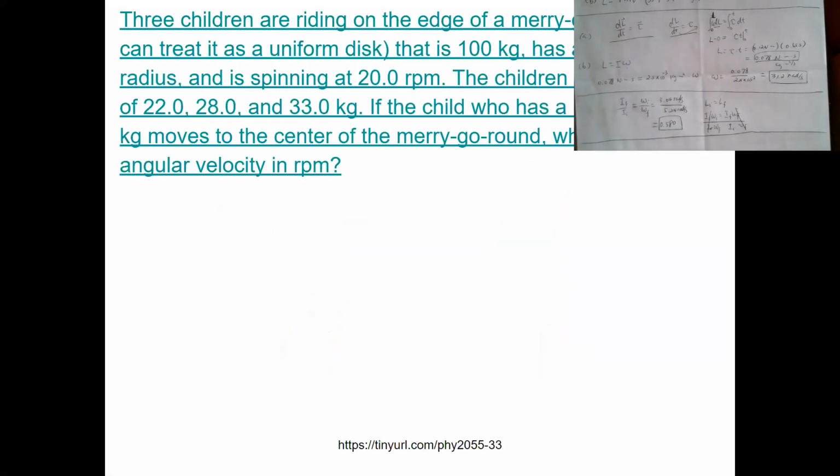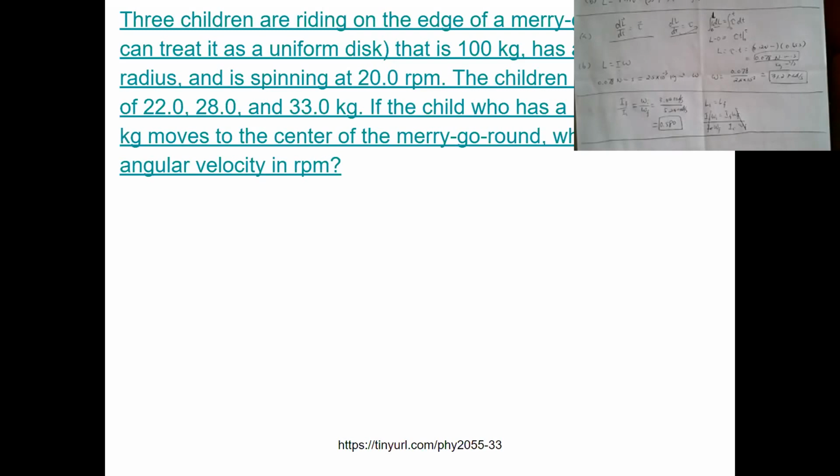We are going to take a look at a second example here. Three children are riding on the edge of a merry-go-round. You can treat it as a uniform disk, so the moment of inertia will be 1/2 mr squared. It has a 1.60 meter radius and is spinning at 20.0 rpm. The children have masses of 22.0, 28.0, and 33.0 kilograms.